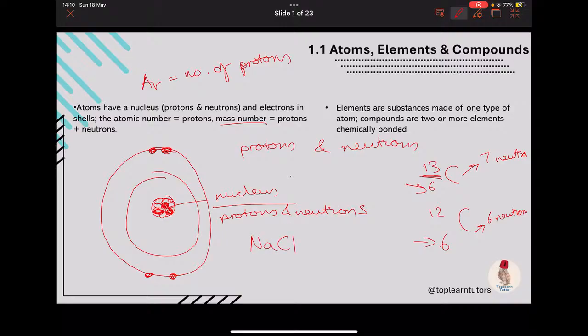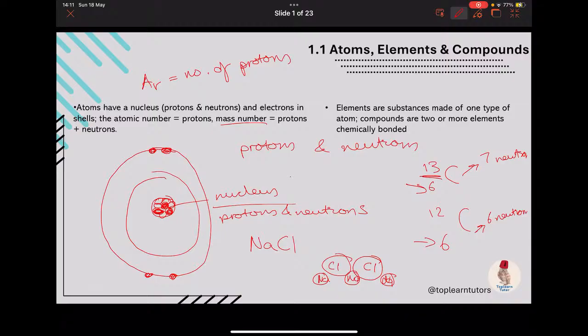So in sodium chloride, you will have sodium atoms and chlorine atoms, which will be bonded together with a chemical bond. Unlike a mixture, you may have done a teacher practical in year 9 or year 10 for the mixture of sulfur and iron, where you have iron filings in a mixture of sulfur, and with a magnet you can pull them out.